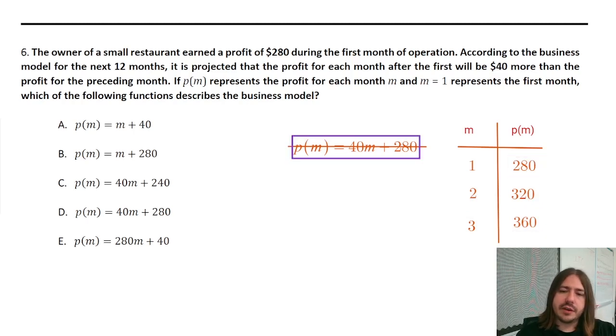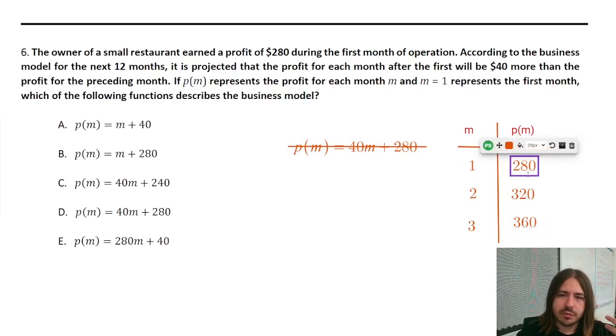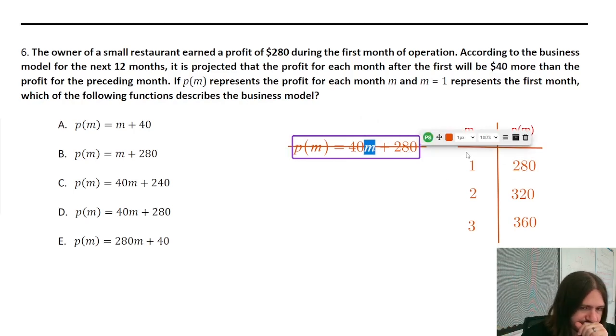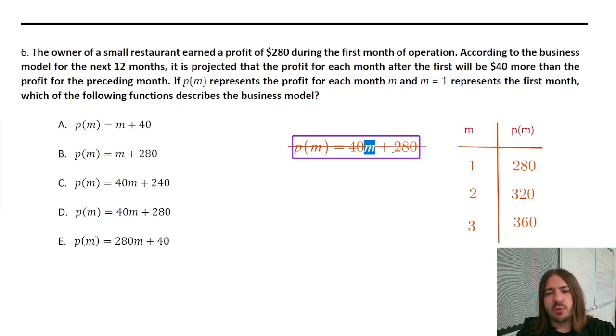Now, what I want to point out here is that even though if I plug in values here, I'm going to get these same numbers on the right, they're going to be on the wrong month. Like if I plug in 1, I get 320. If I plug in 2, I get 360. So they're sort of offset by 1. And that's because this y-intercept needs to be the value that we're expecting when m is 0.